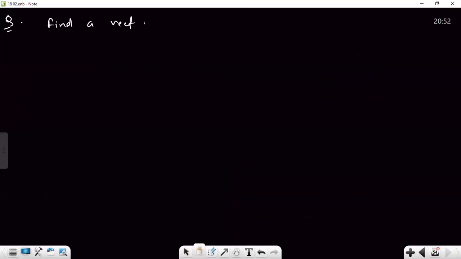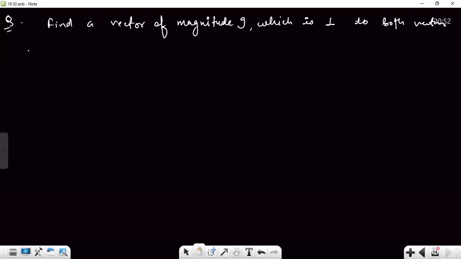So there's a question. We have to find a vector of magnitude 9, which is perpendicular to both the vectors i cap minus j cap plus 3k cap and minus 2i cap plus j cap minus 2k cap.